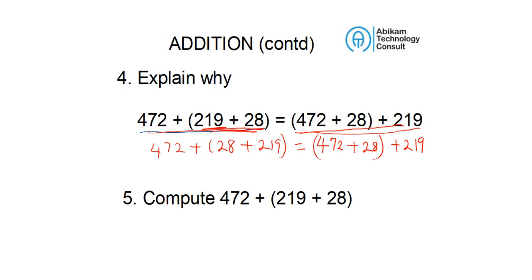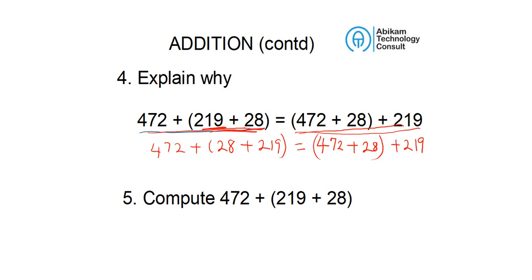Okay, so the next one is compute 472 plus 219 plus 28. You realize that this is exactly what you have on the left hand side here. But we have seen that it is equal to the right hand side. Why do we want to compute using the right hand side and not the left hand side?